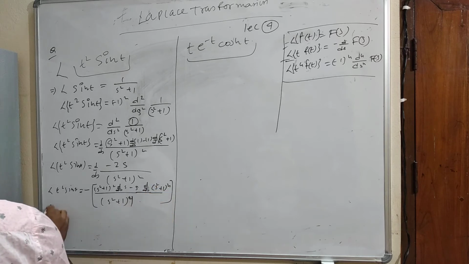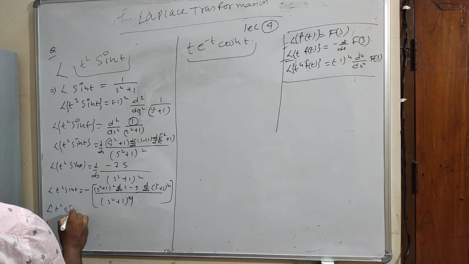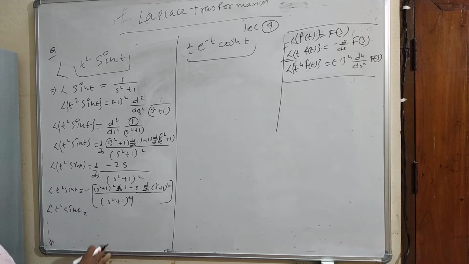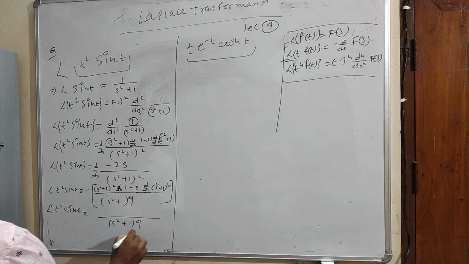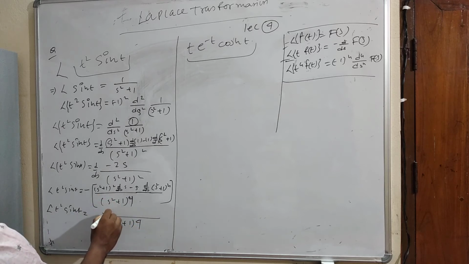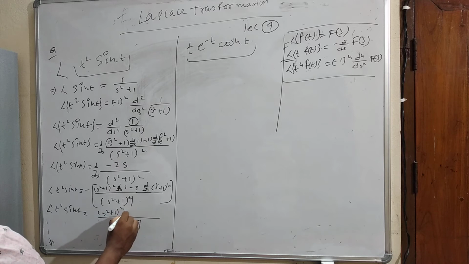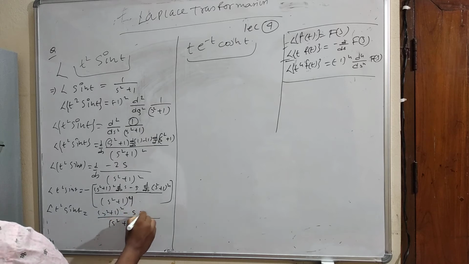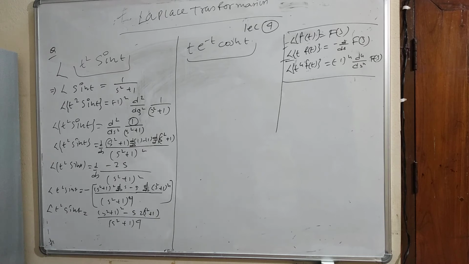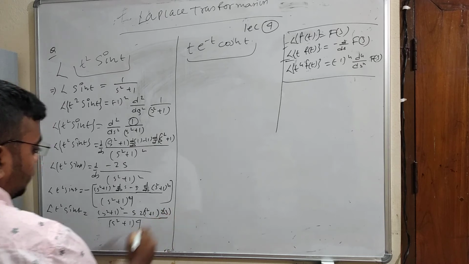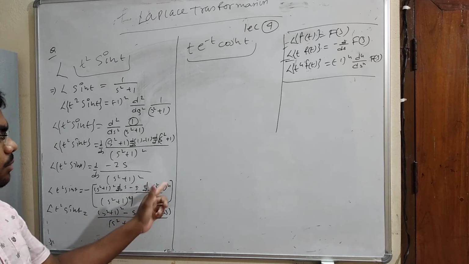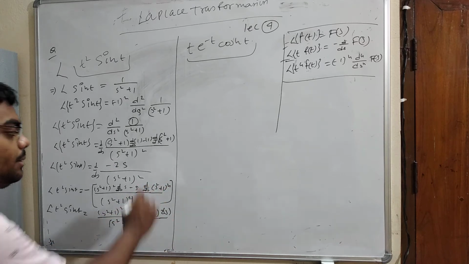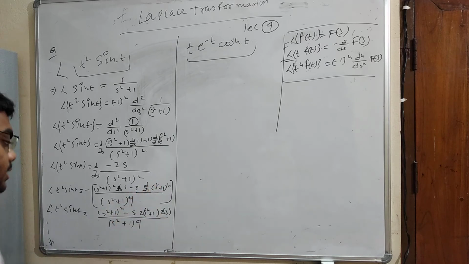So Laplace of t square sin t will be over s square plus 1 to the power 4. It will be s square plus 1 square minus s into 2 times s square plus 1 into 2s, taking the derivative of s square plus 1, which is 2s.